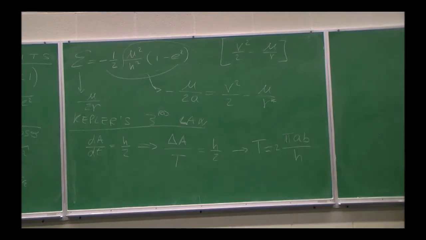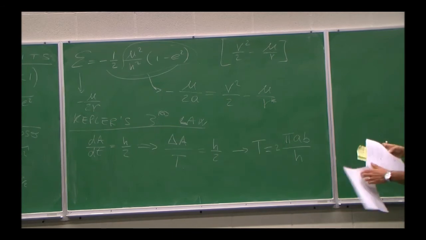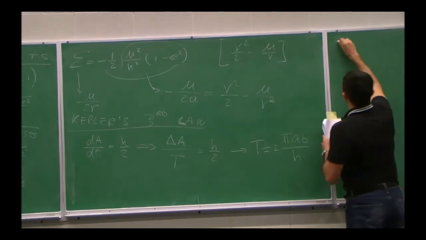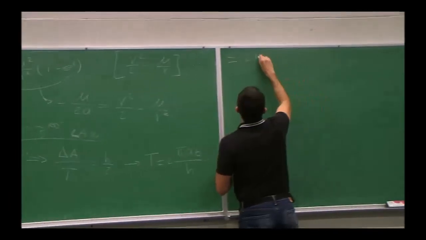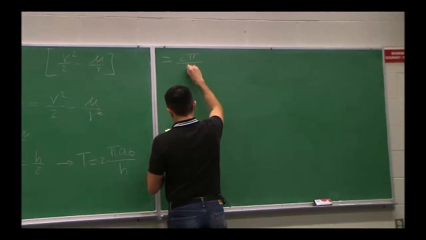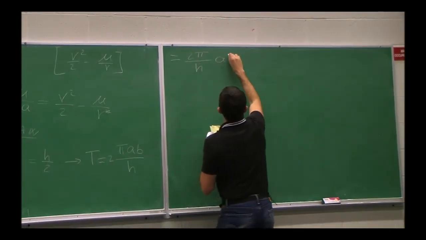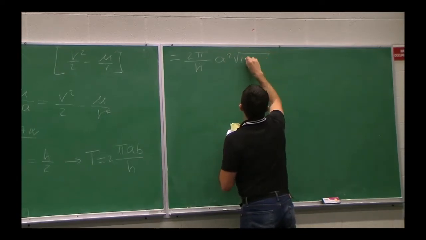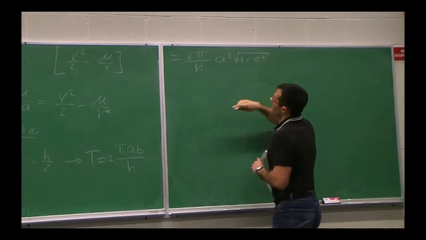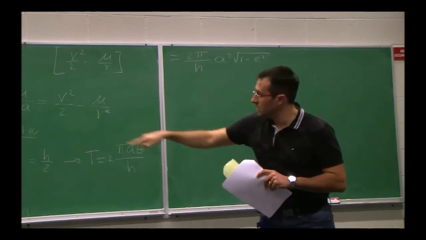And with a few substitutions, we should get something like that proportionality there. Let's see what we do. Is this equal to 2 pi over h? A and b are related to each other, so I can write it this way by using that expression for b.